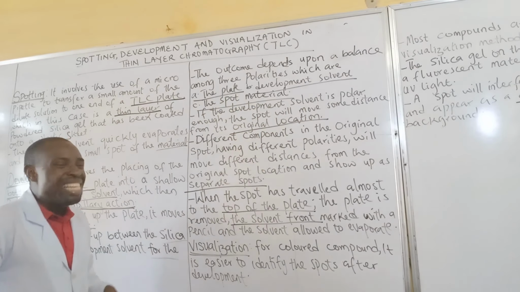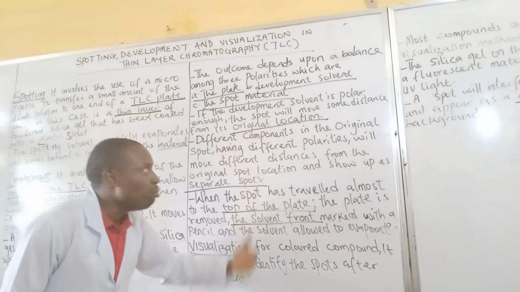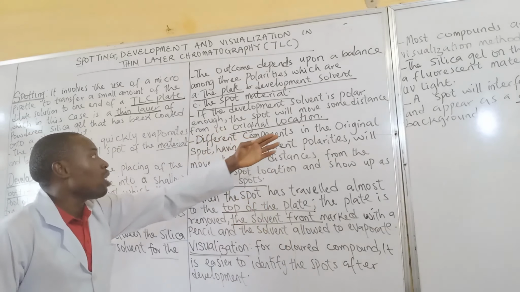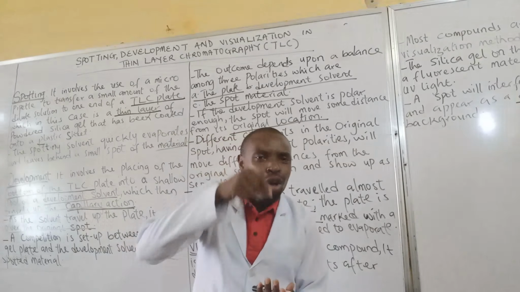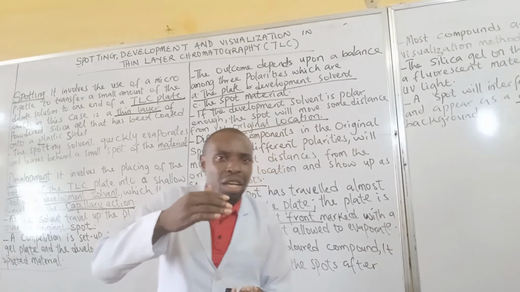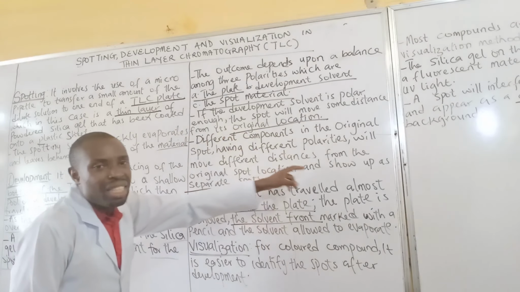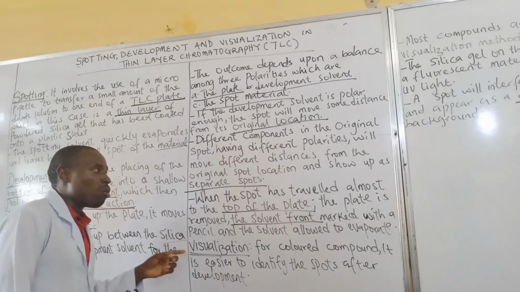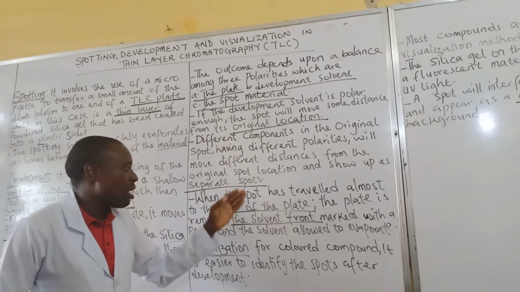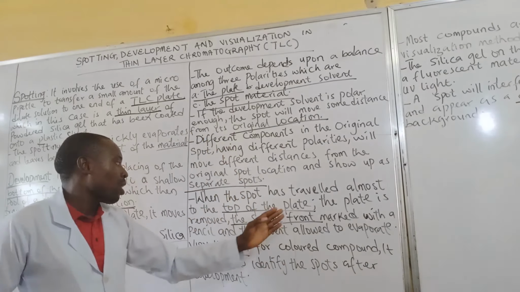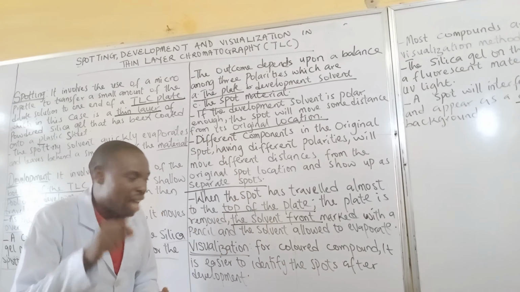And we have said that if the development solvent is polar enough, the spot will move some distance from its original location, and the different components of that spot material travel at different distances from the original spot, and they now appear as separate spots. Please do not forget. And with that, they are now marked or outlined.